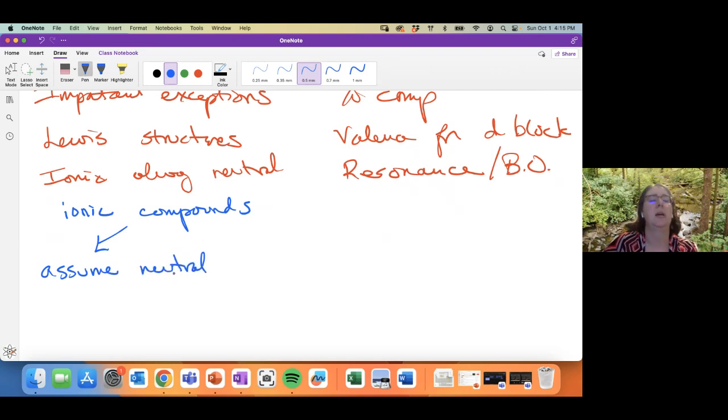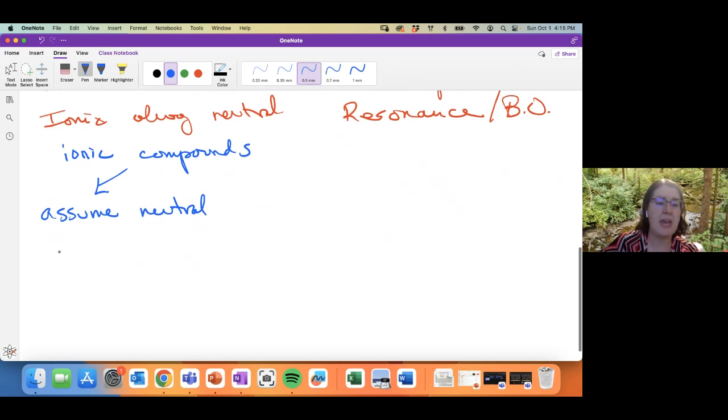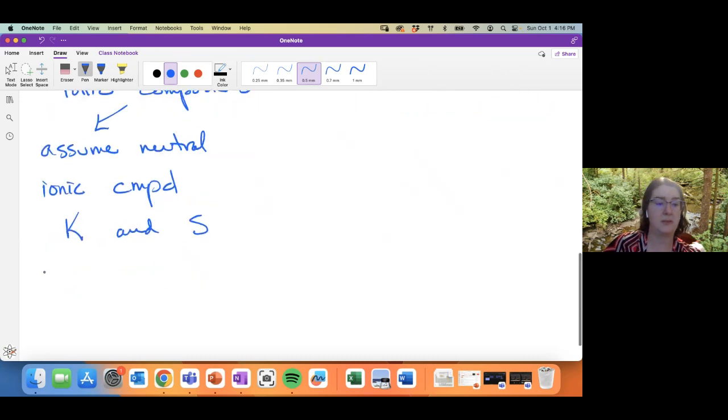Because one of the things we can do is tell you something like, hey, there's an ionic compound and it contains potassium and sulfur. Tell me what this is. Give the formula.